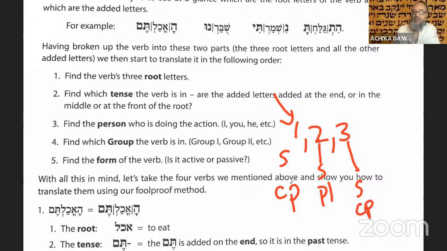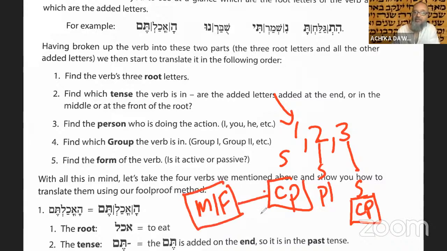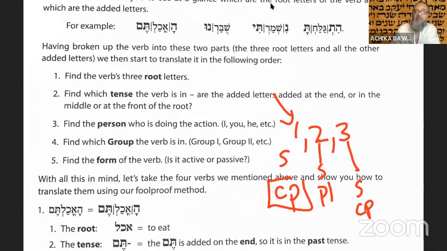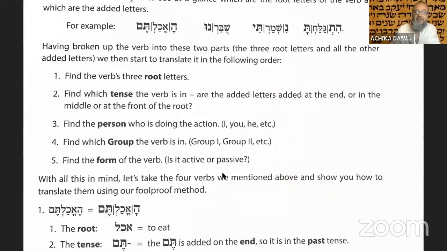You see? So the first person and the third person have common plural. That means it can include both male and female. That's what it is when it's a combination. Common, they have it in common. You can have 1,000 females, you've got one male in there and it's still common. If it's all females, then of course it wouldn't be common. It would be feminine. So that's what you do. You look for the person.